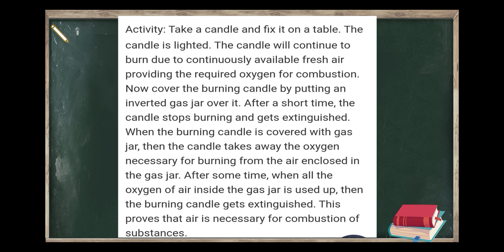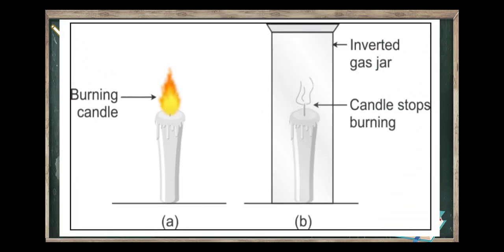So, we conclude that when there are two candles, one gets the oxygen from the environment, meaning there is no barrier to stop burning. In figure A, the candle is burning because it is getting oxygen from the air around it. But in the second image, B1, the candle was burning earlier, but as soon as you put an inverted gas jar over it, what happens?